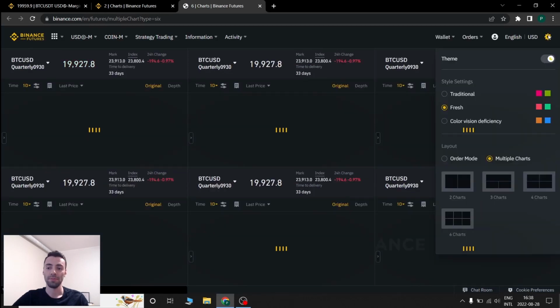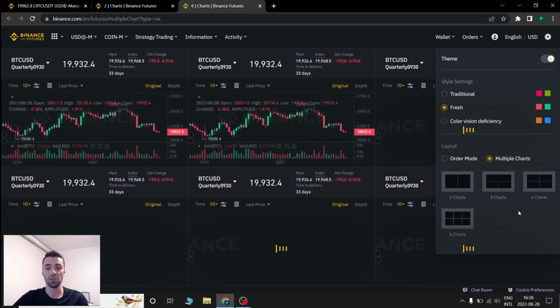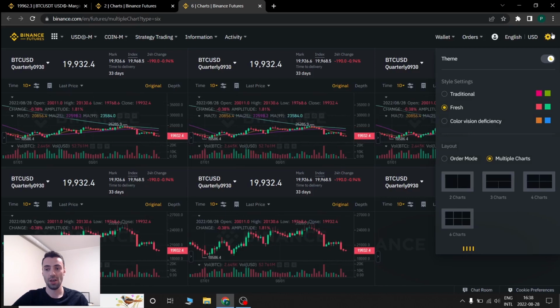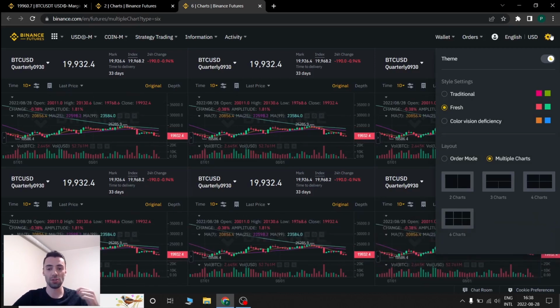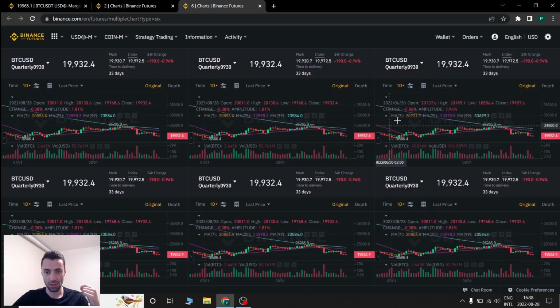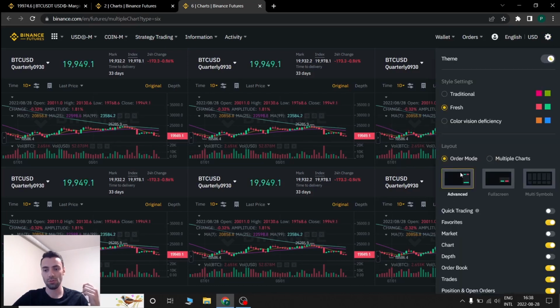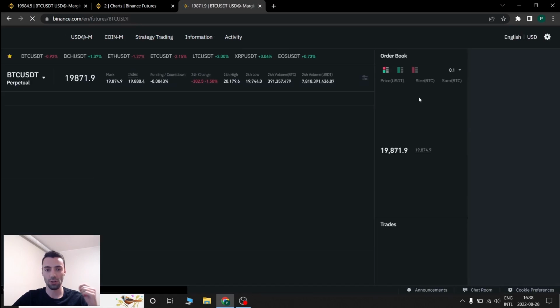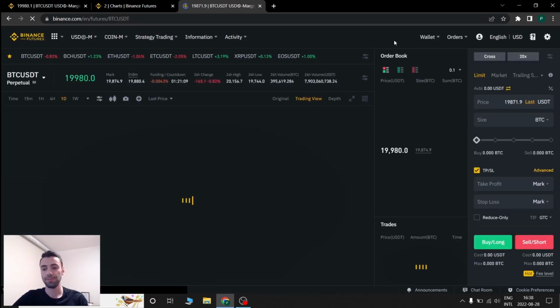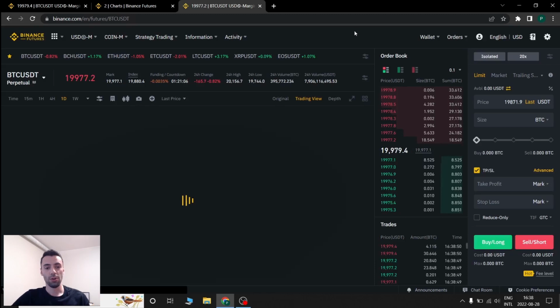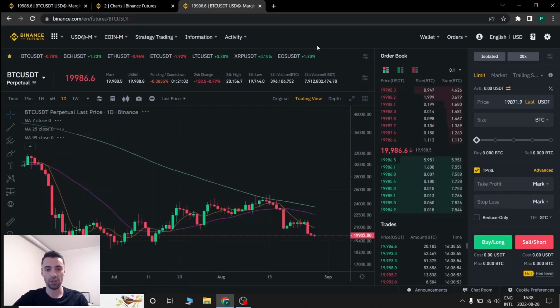Interesting. Before this new version, we needed a bigger screen to have 6 charts, but it seems it's now updated and automatically brings us the 6 charts. So we're going back to the normal advanced order mode.